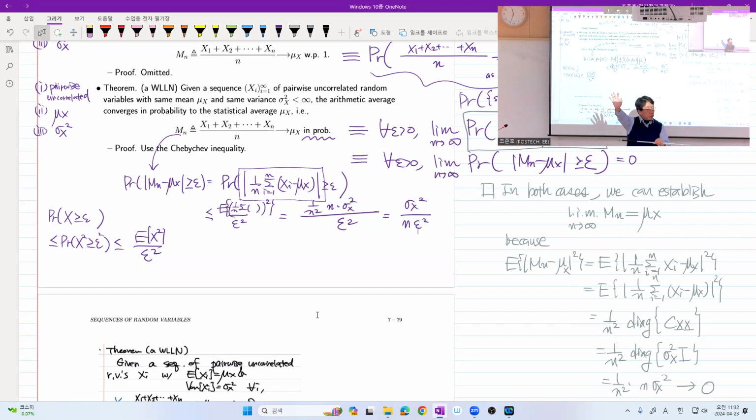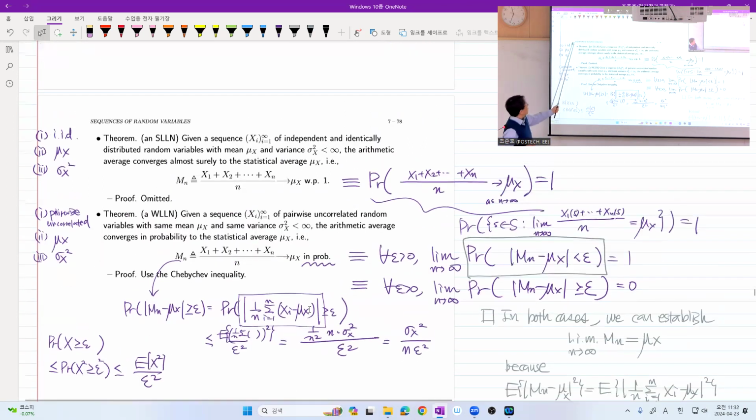In most cases, almost sure convergence does not imply convergence in the second mean. However, under these conditions for the strong law of large numbers, this IID and existence, this implies the convergence in the second mean. And let me show you.